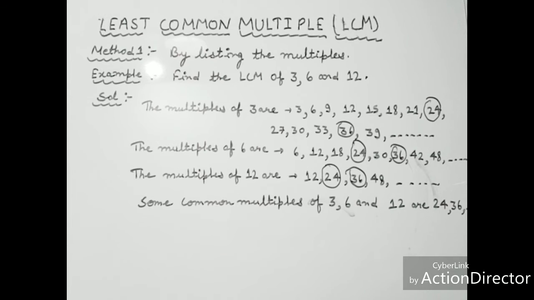Here we pick the least common multiple from the list of common multiples. 24 is the least.